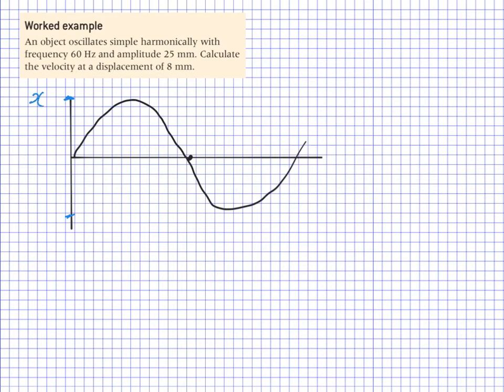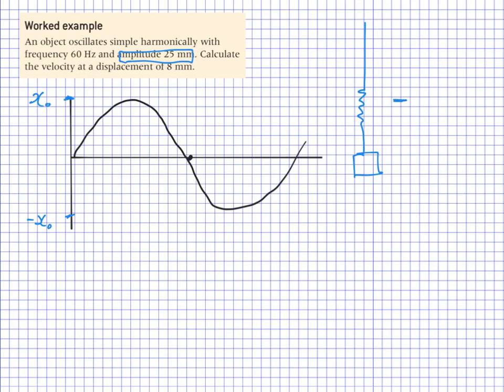So this would be the maximum displacement up here and then the maximum negative displacement down here. We're given the maximum amplitude. It's right here, 25 millimeters. Might also be useful just visualizing what this could even be. So let's just assume that it's an object on a spring bouncing up and down forever, since there's no friction.